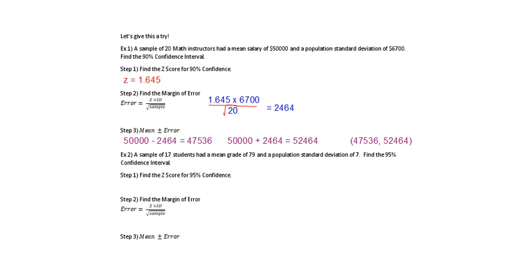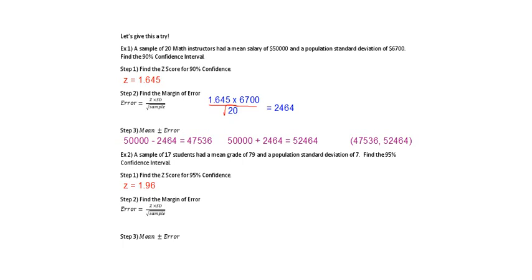All right. Example 2. Sample of 17 students have a mean grade of 79 and a population standard deviation of 7. Find the 95% confidence interval. All right, well, let's do this again. The very first step is to look on our z-chart and look for the z-score for 95%. And that should be 1.96. Great.